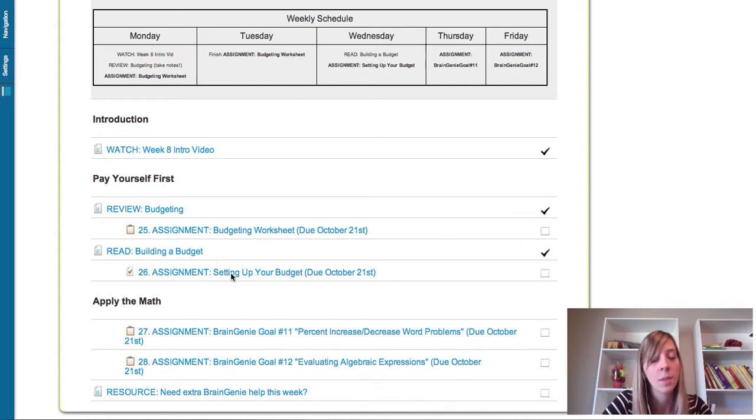And so assignment 26 was meant to get you started thinking about what your budget is going to look like, what kind of income you have, what kind of expenses you have, what categories are going to be on your budget, what the timeline is going to be for your budget. So hopefully that was a good start. That'll keep it fresh on your mind when the exam comes around in week 10.